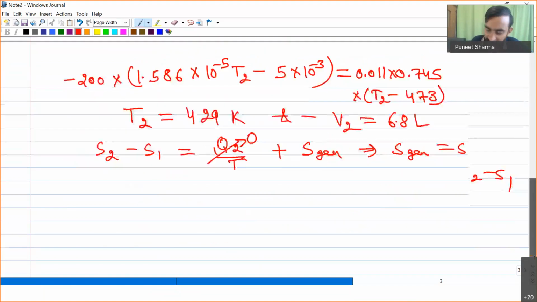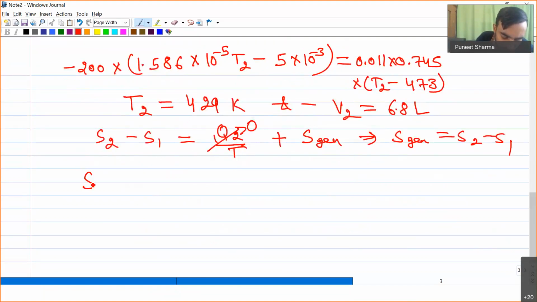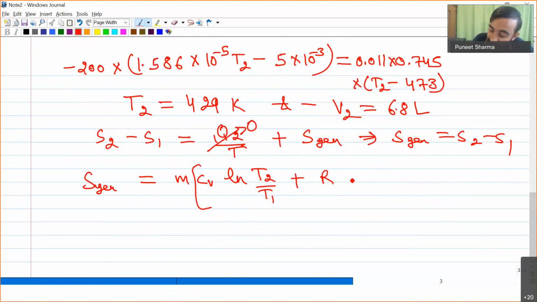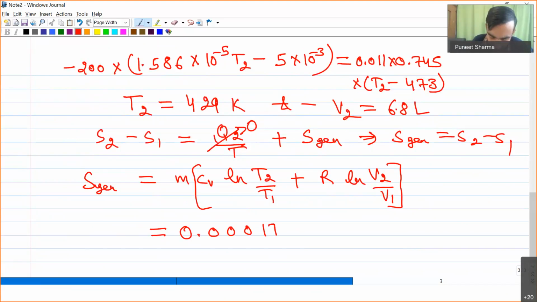Now nitrogen is a gas, so for nitrogen, S2 minus S1 I can write as m Cv ln T2 by T1, where I know T2 and T1, plus R times ln of V2 by V1, where I know V2 and V1. If I do substitution in this equation, I will find overall entropy generation as 0.00171 kilojoule per Kelvin. Okay, this point is clear?